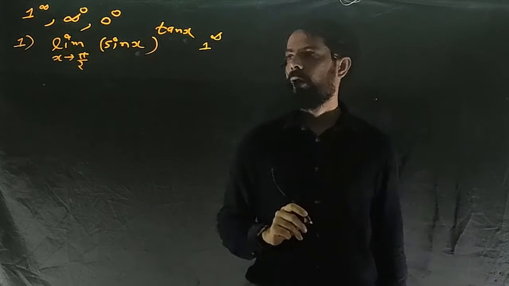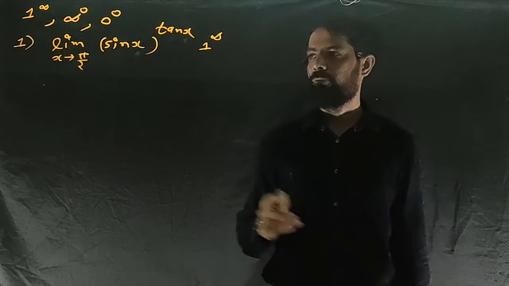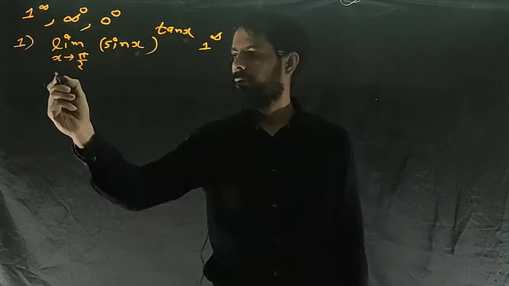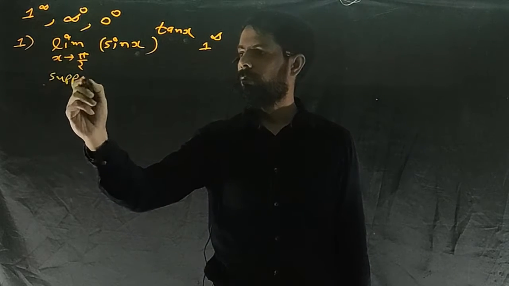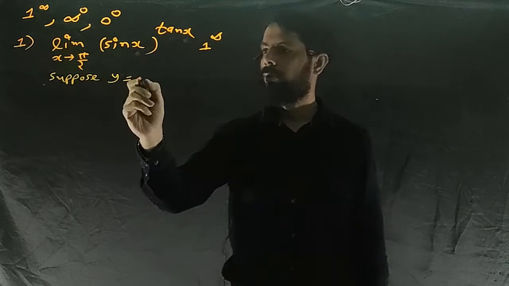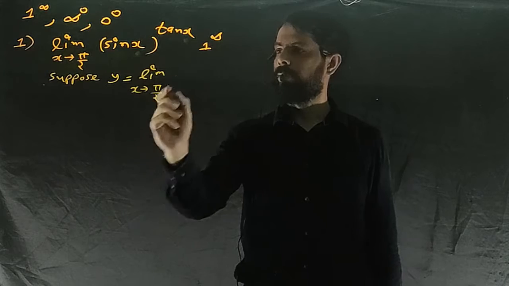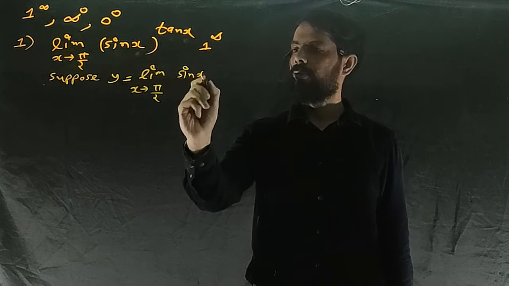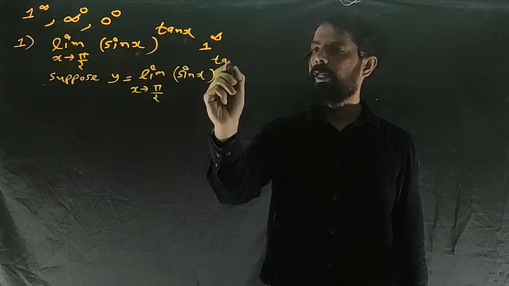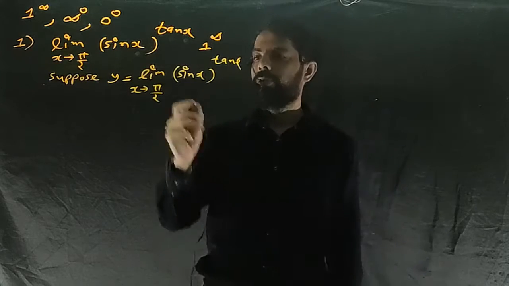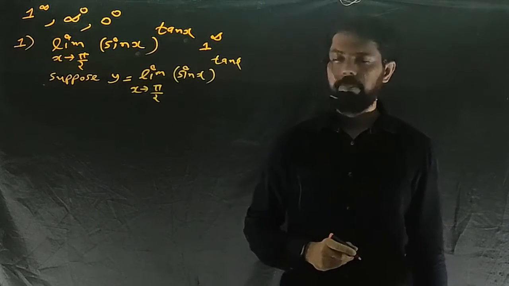Okay, so how to solve these type of forms? So for that, suppose y is equal to limit x tends to pi by 2 (sin x) whole raised to 10x. Okay, so now we will take logarithm both sides.